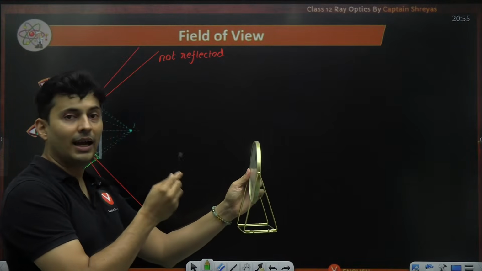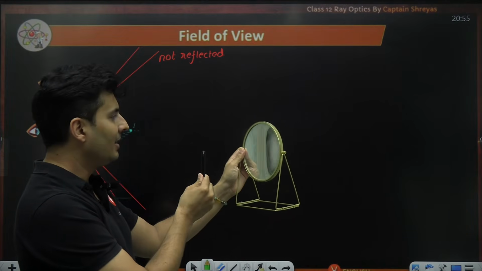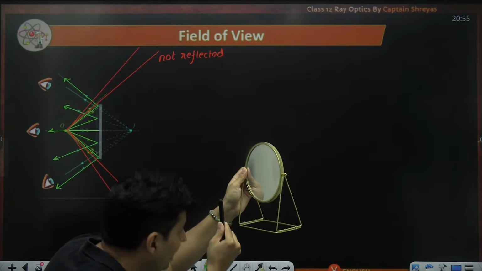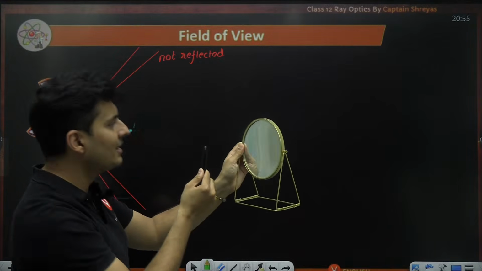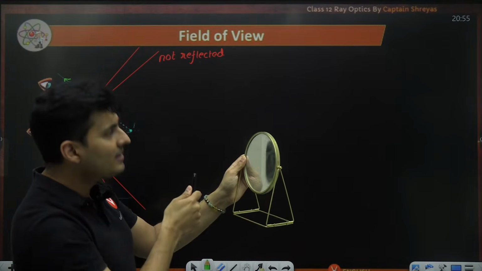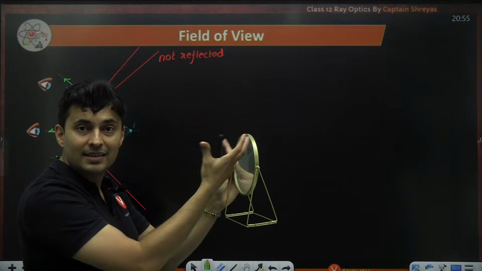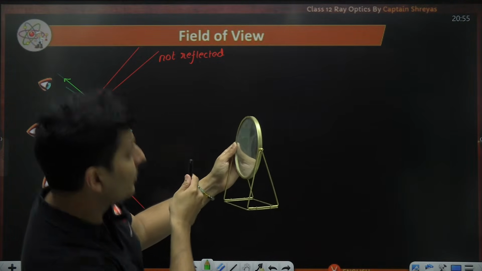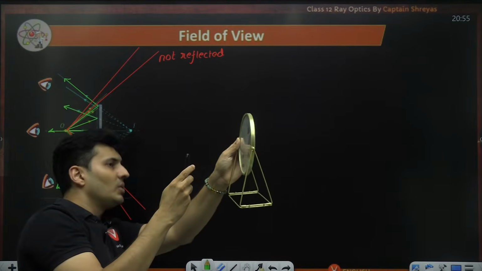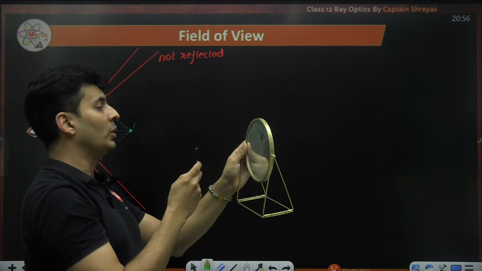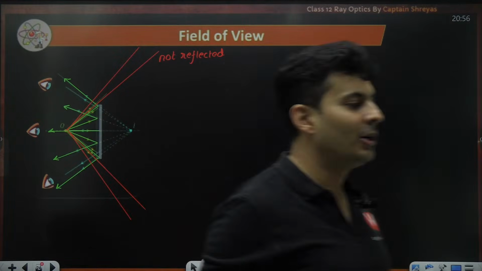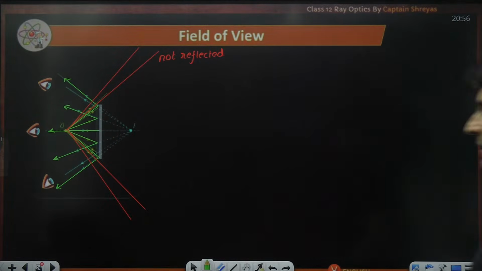You will see that if I have an object over here, I won't be able to see it beyond a certain point up and below, only in a certain region. Only in this region can I see it, and this is the field of view, but this zone is a dead zone. Getting my point, everyone?